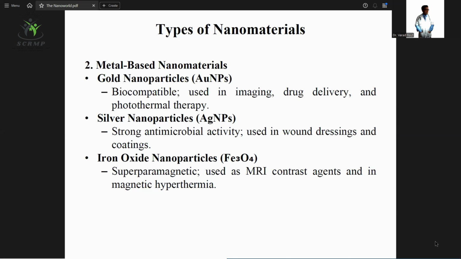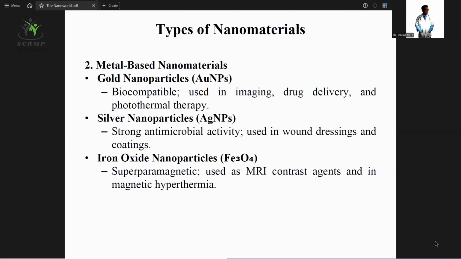Here n number of metals are used as nanoparticles, but for nanomedicine, the 3 most important metal based nanoparticles are gold nanoparticles, silver nanoparticles, and iron oxide nanoparticles, made up of Fe3O4.